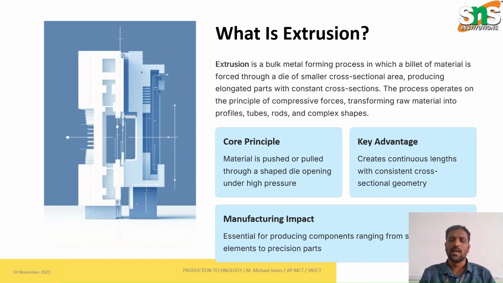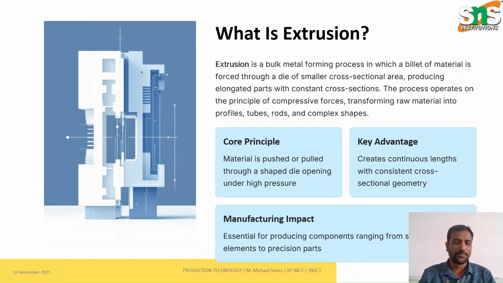Then what is extrusion? Extrusion is a metal forming principle where a bulk metal is extruded. It is being pulled or pushed through a smaller cross-sectional area. You can see the extrusion machine on the left-hand side.